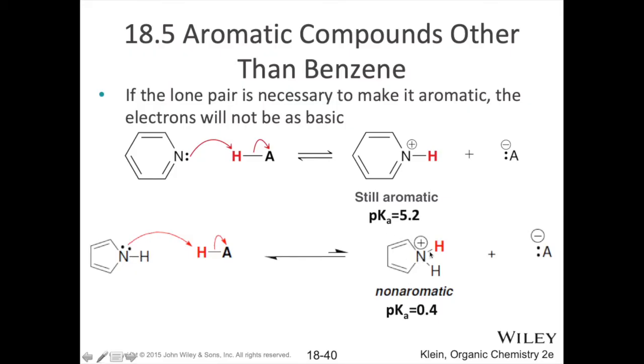You don't have a p orbital that's available to be part of the ring, so it's actually non-aromatic. Okay. Anyway, so my point here is that you lose that aromatic stability, and therefore this is way less stable than the pyrrole, which is aromatic. So you can see that that reverse reaction, this equilibrium, is very reactant favored. All right, and that's why this protonated conjugate acid is actually very acidic.